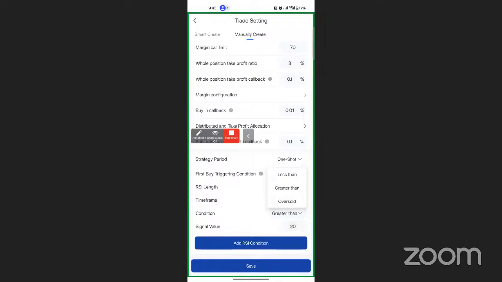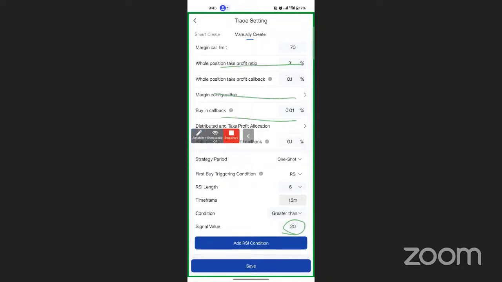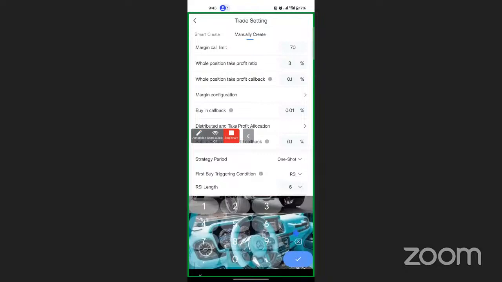I want to make sure that my RSI buys when it is above 20. Since the lines are three, I say when it is greater than, let me say, 50.